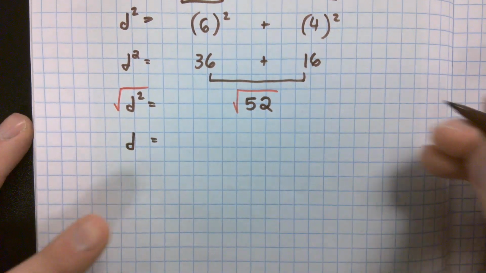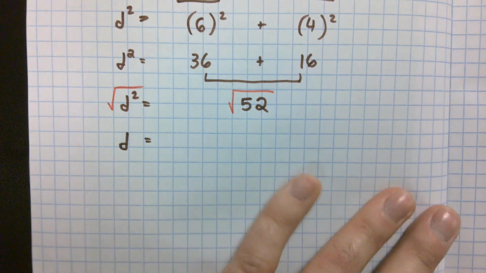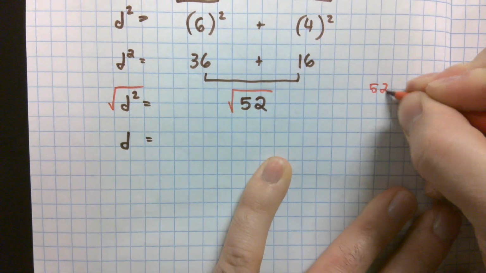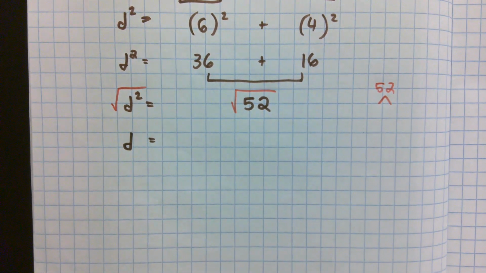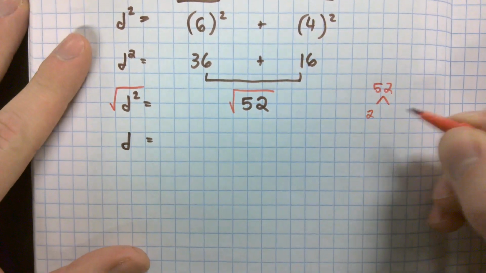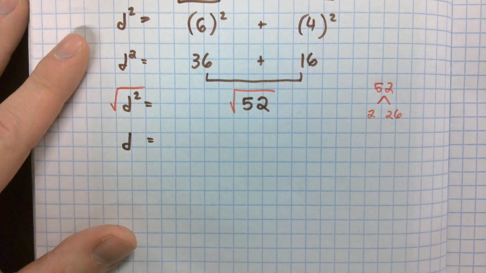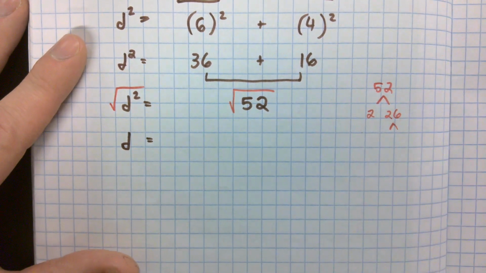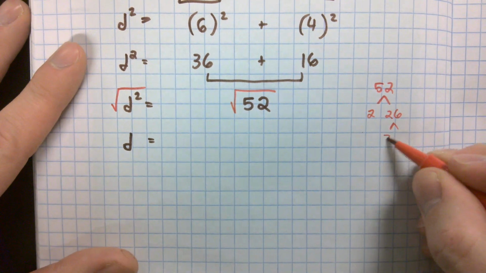And over here, if I have 52, I'm going to do a little factor tree off to the side. What two numbers multiply to give me 52? 2 and 26. Good. What two numbers multiply to give me 26? 2 and 13.